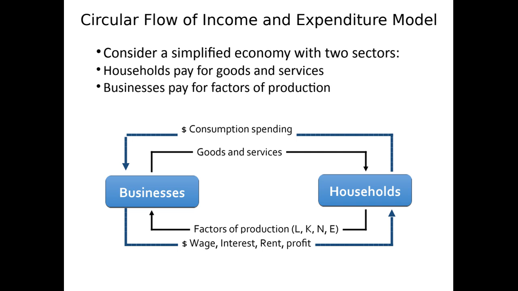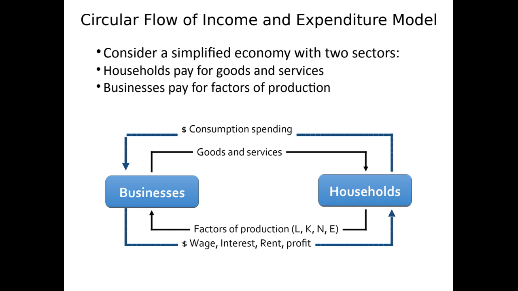So basically, household sector is buying goods and services from the business sector, and business sector is actually buying factors of production from the household sector, or in other words, business sector is paying for factors of production.